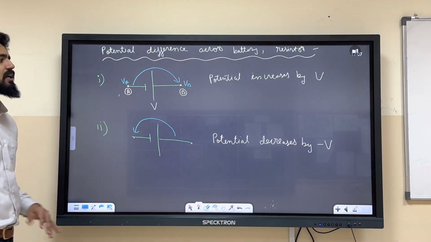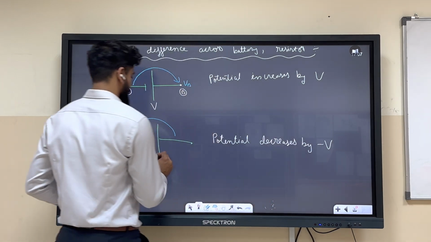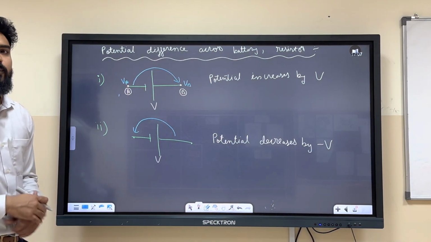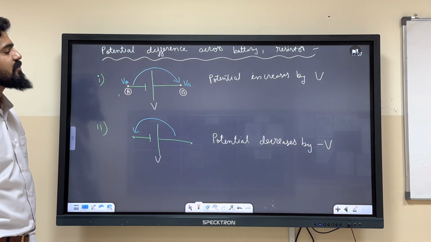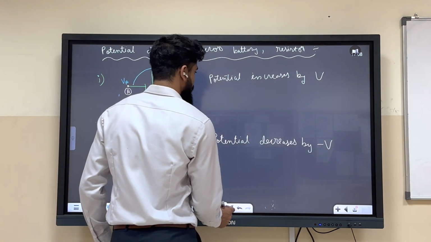So potential will decrease by negative V if V is this thing. I hope you are getting it. Over here the potential will increase by V, over here potential will decrease by negative V. Correct? Okay.